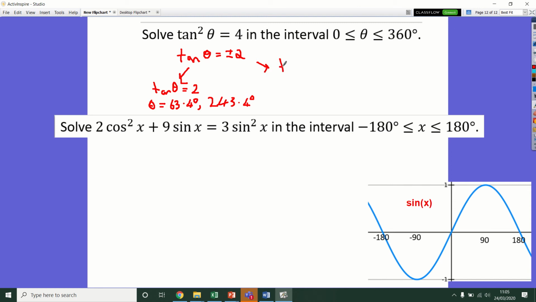Separately, if I do tan theta equals minus 2, I can do a similar sort of thing. I can use my calculator to get the first value, and the calculator tells me minus 63.4 this time. But that's not in my valid range of theta. So if I add 180, I can get into this portion of the graph.